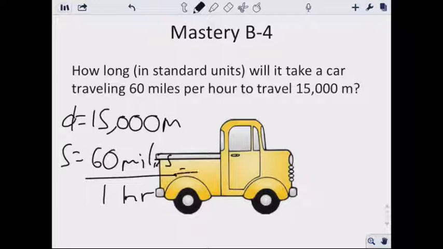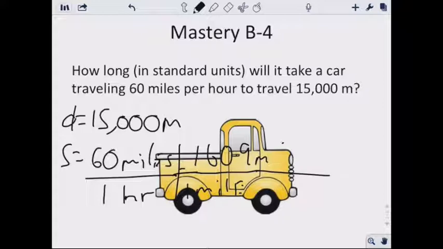So to do this, we can set it up. And this is a common conversion, so it's probably good that we know that 1 mile is 1609 meters, and 1 hour is 3,600 seconds.